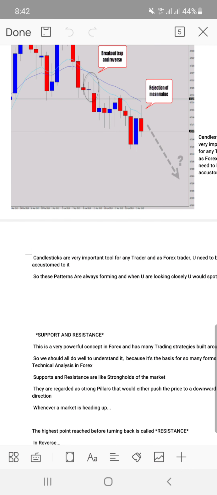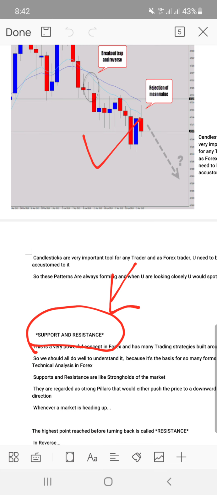So in the next class, I'm going to start teaching about support and resistance. Then after explaining support and resistance, I will come back and explain these bullish and bearish rejection patterns to make the explanation better. I hope you understand. See you in the next class.